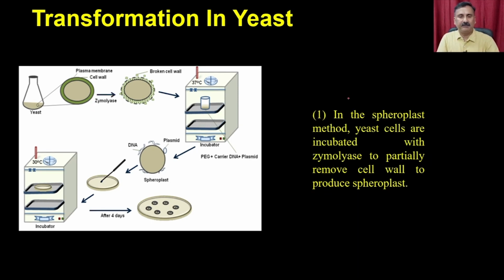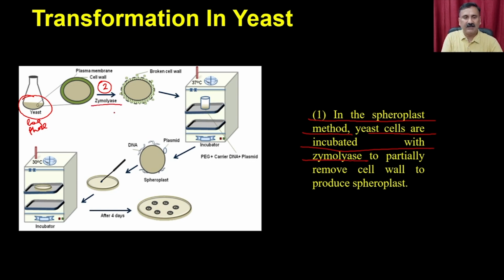So, in step 1, in the spheroplast method, the yeast cells are incubated with zymolyase, the enzyme. First you are going to grow the cells to log phase, and then in step 2, you are going to incubate the cells with the enzyme which is called zymolyase. What the zymolyase is going to do is chew up the cell wall in a very discrete step.